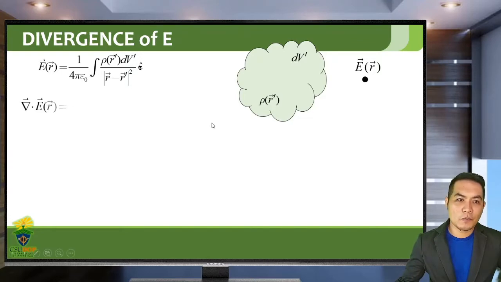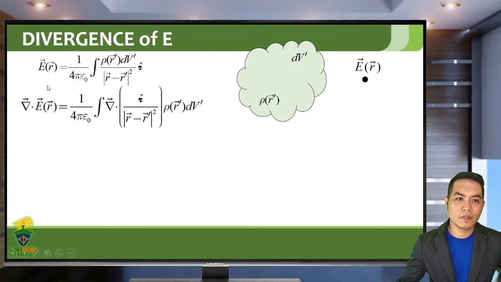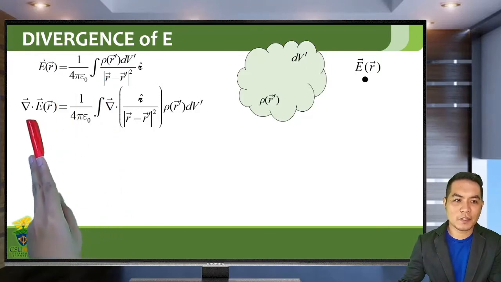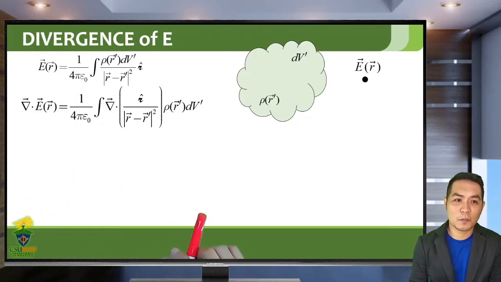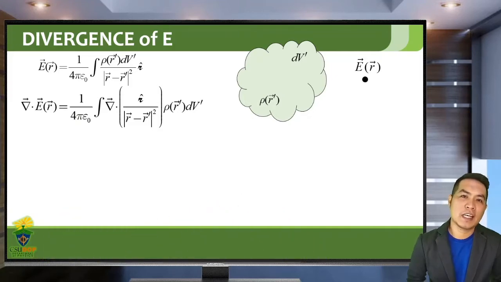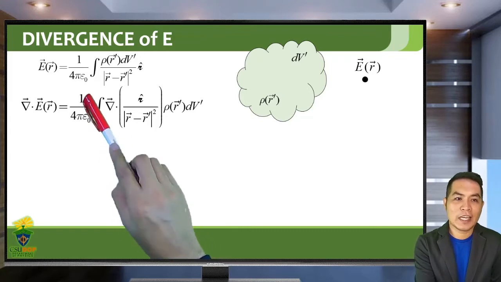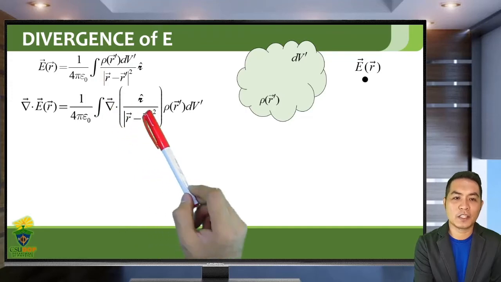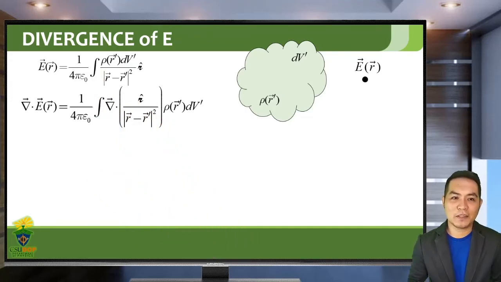Okay, so if we take the divergence of this electric field, the divergence of this integral here. Since the divergence operator, the del operator, is just a differential operator, you can always interchange differentiation and integration. So instead of getting the divergence of the integral, we can take first the divergence of the integrand and then integrate.